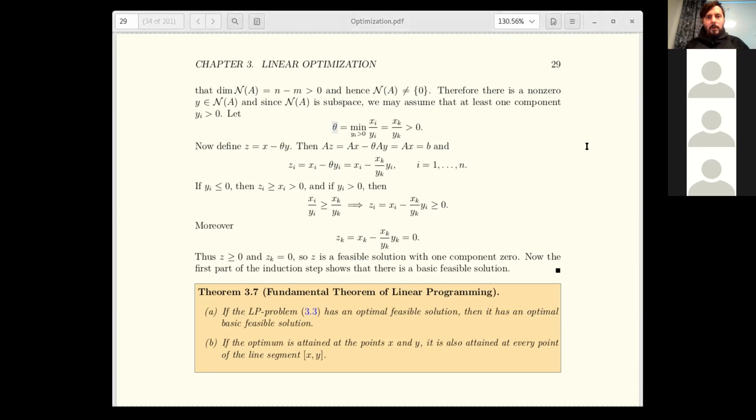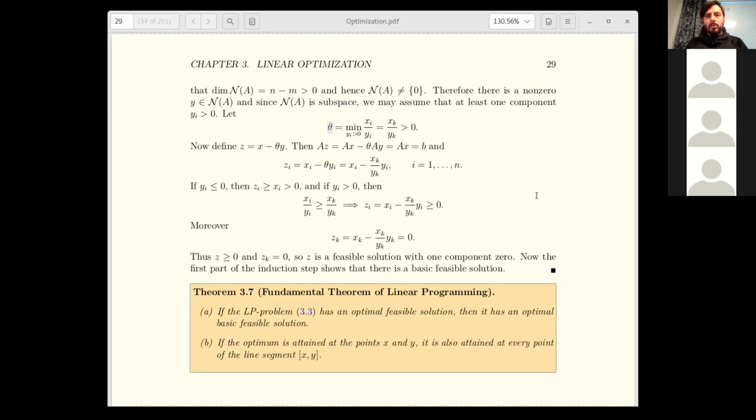We have the situation that Ay equals 0, we have the situation that Ax equals b, and we have the situation that A(x plus y) equals b. Those things are true; these we know because of the rank-nullity theorem. We know that y is not 0.